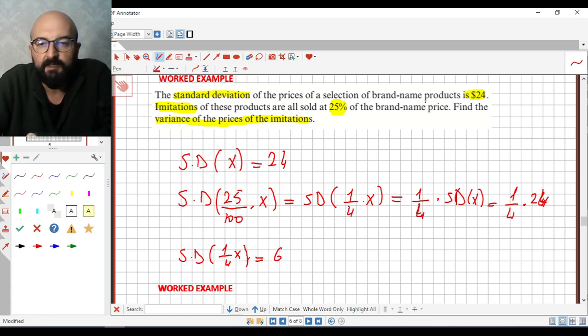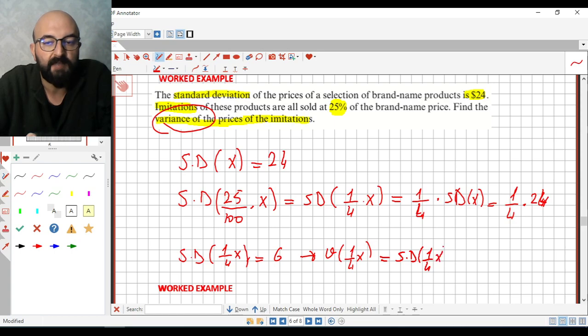But we want to find the variance of the prices of the imitations. So the variance of 1 over 4 x is the standard deviation squared. So 6 squared is 36.